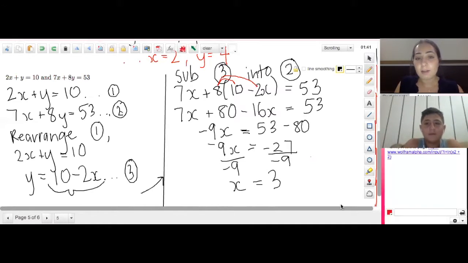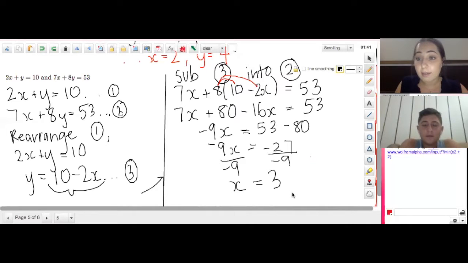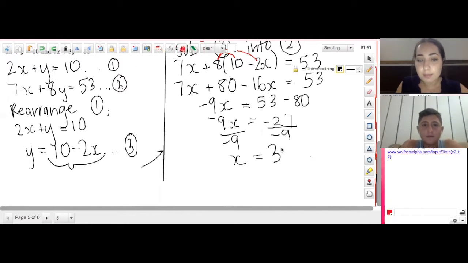So now that we've found the value of x, we can use that value of x to find the value of y. So what we do next is we substitute this value of x back into equation 3, because y is the subject of this equation and y is what we want to find. So we sub x equals 3 into 3.